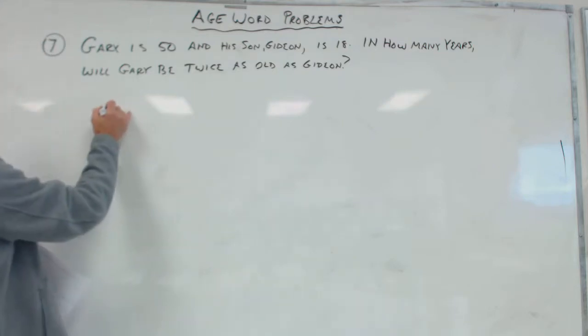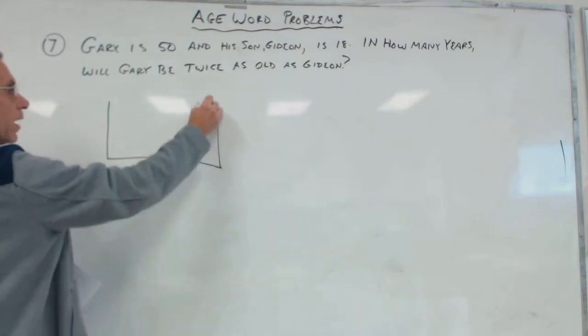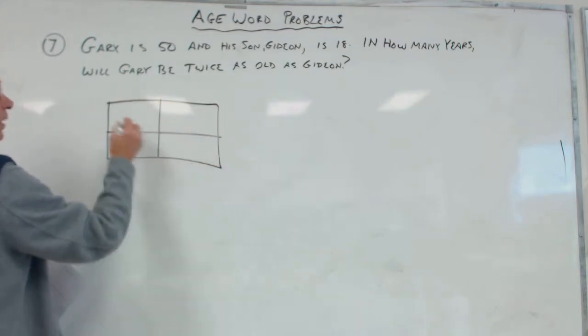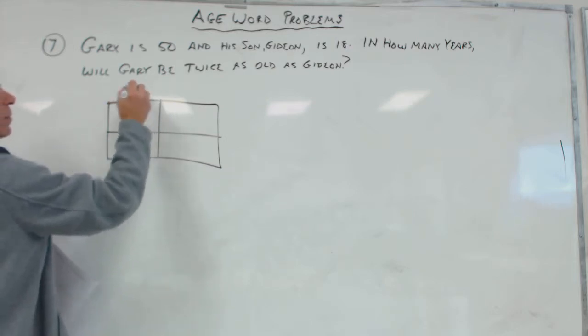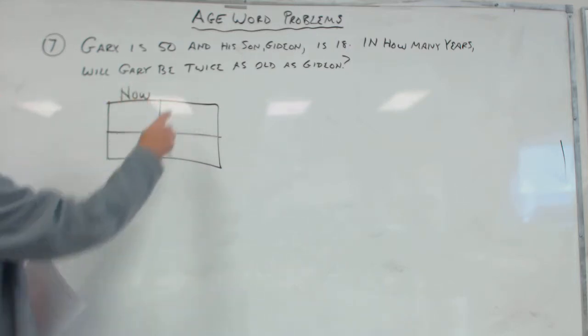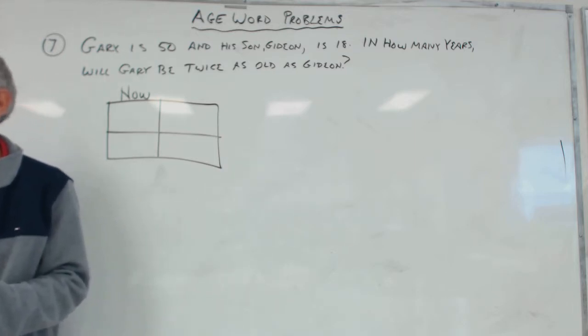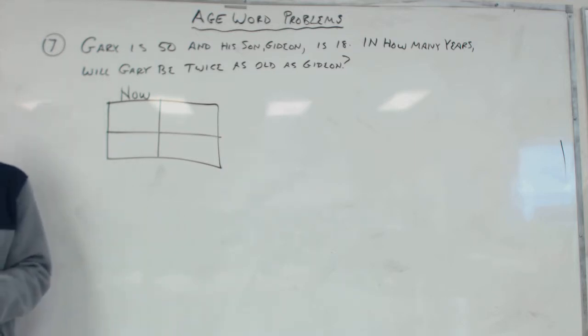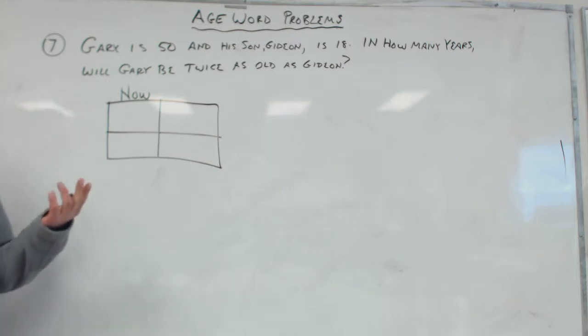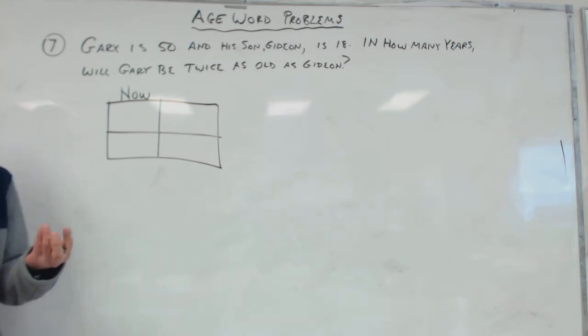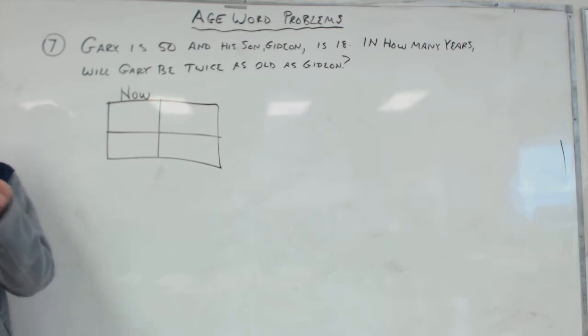So immediately I'm going to try doing my box. I like boxes. This is my now column. Now what is this column? Then, in the future. It's usually the first few words of the second sentence: in how many years?